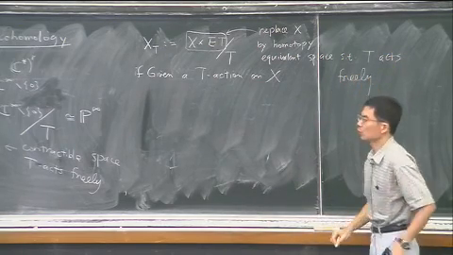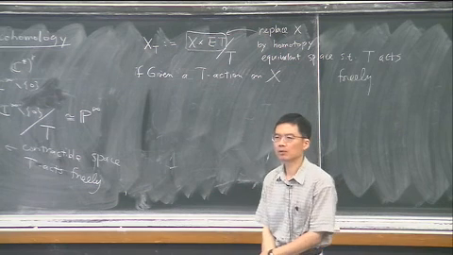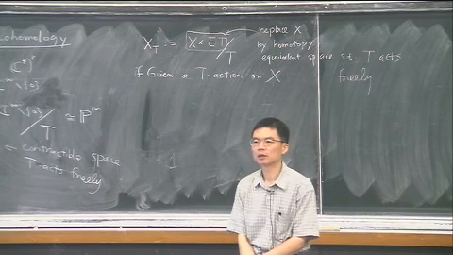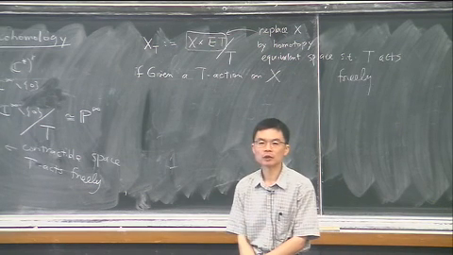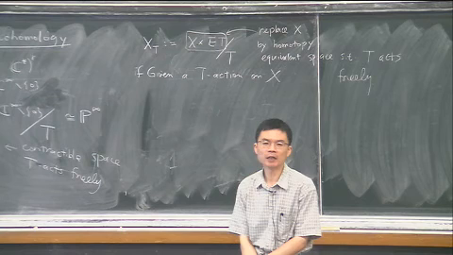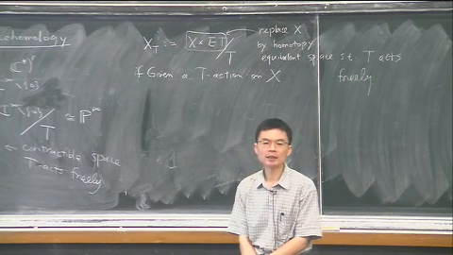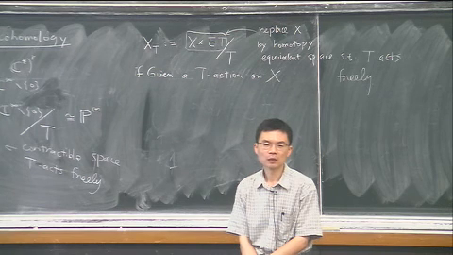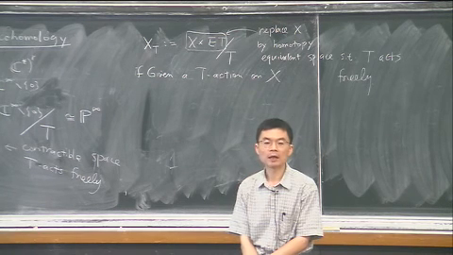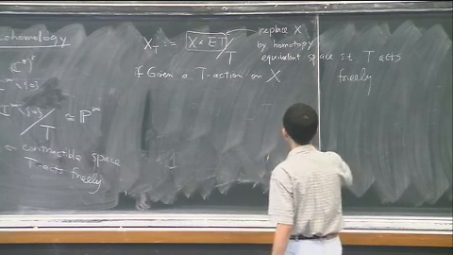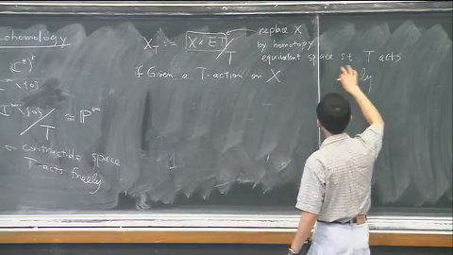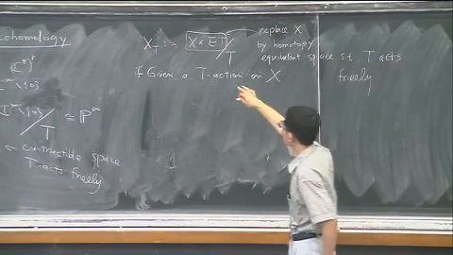X cross ET, well, ET is basically topologically a point, so if I do X cross ET, I don't change anything about the topology of X. But T acts on X, not necessarily freely, and so I replace that by an equivalent space on which T acts freely. That is what I meant by this.